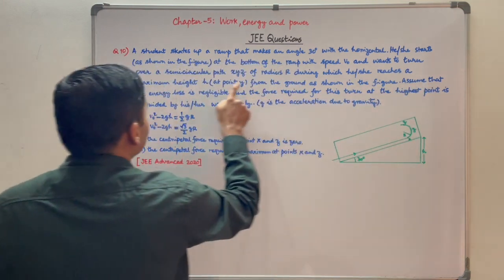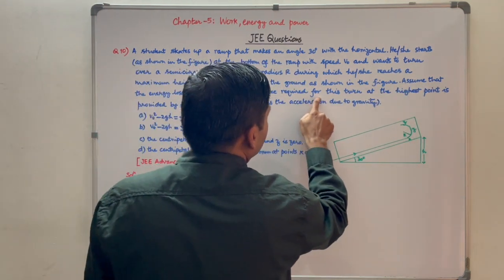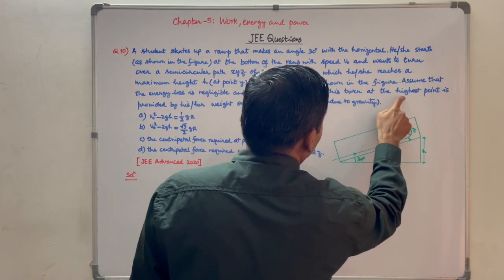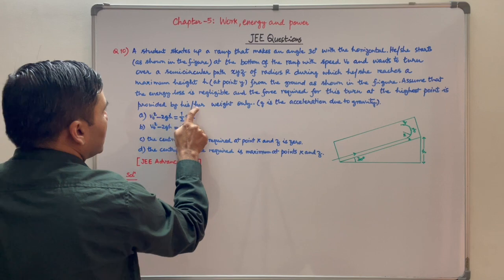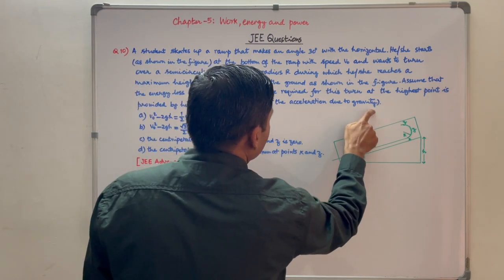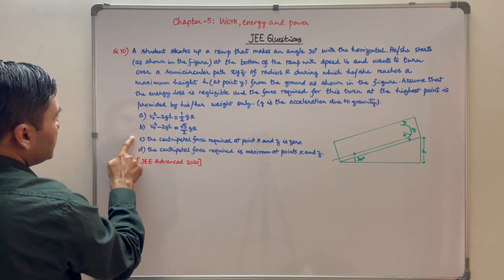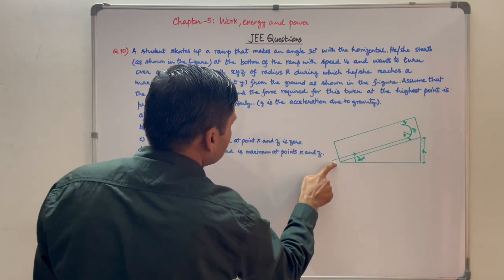Assume that the energy loss is negligible and the force required for this turn at the highest point is provided by his or her weight only. g is the acceleration due to gravity. These are the statements given. We have to figure out which ones of them are correct. And this is the figure given.